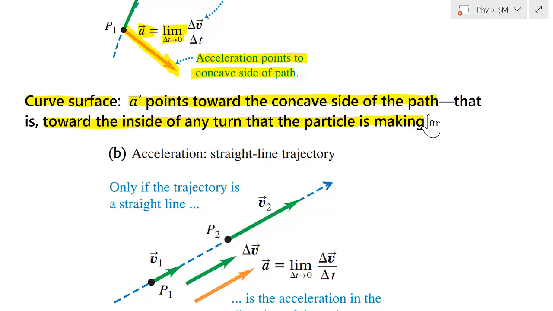So if it is making a turn, then the acceleration vector is towards the inside of that turn. This is when the object is moving in a curved path.